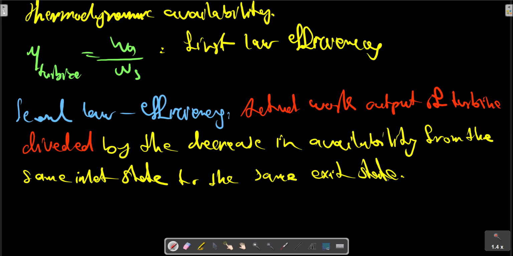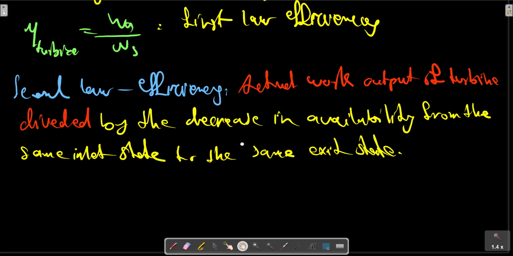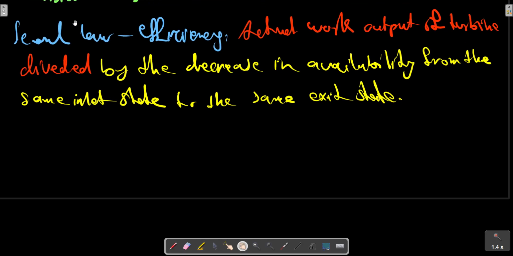For the turbine shown in, for example, this sketch, the second law efficiency.